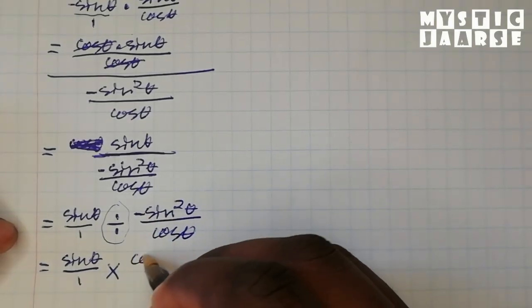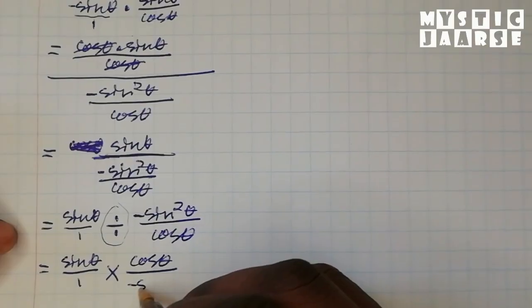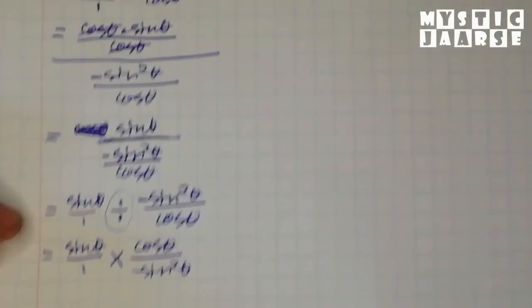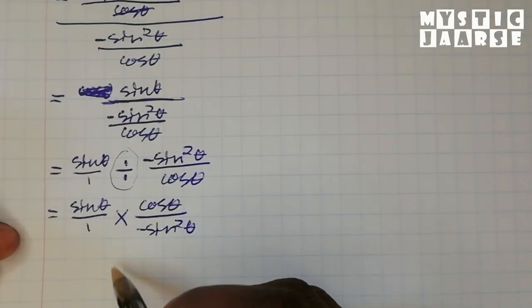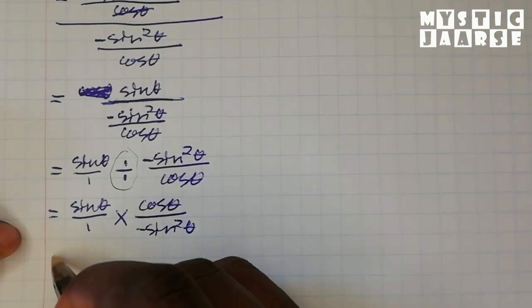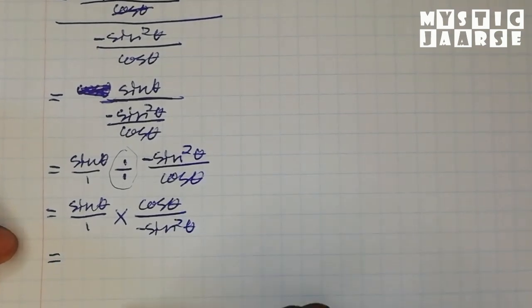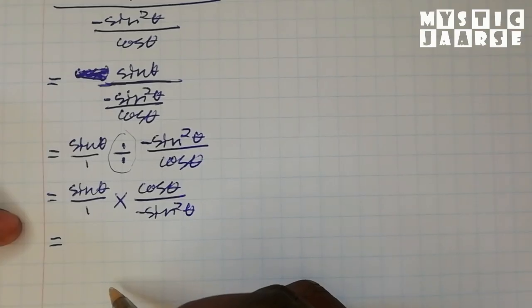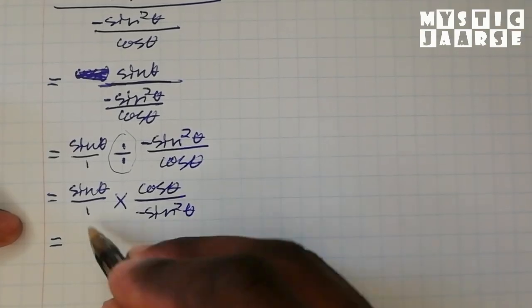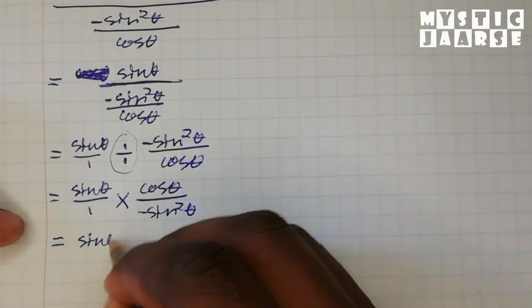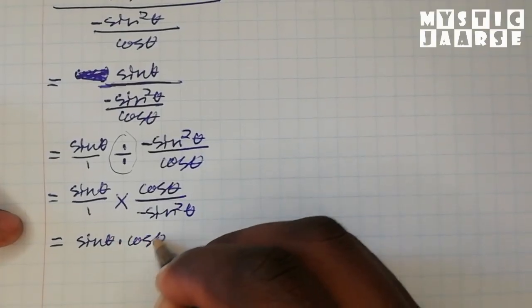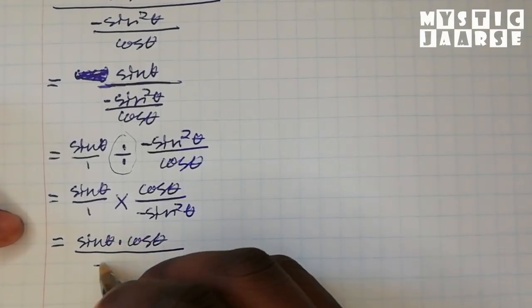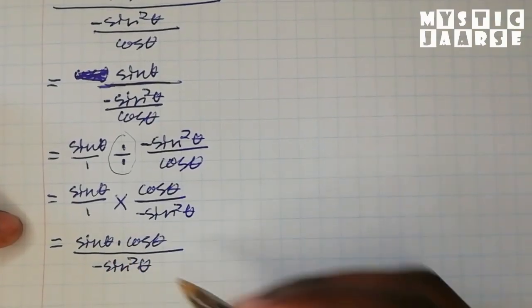So we will be having cos theta divided by negative sine squared theta. Now we have multiplication between two fractions, so the numerators are going to multiply one another and the denominators are going to multiply one another. So we will be having sine theta multiplied by cos theta divided by negative sine squared theta.